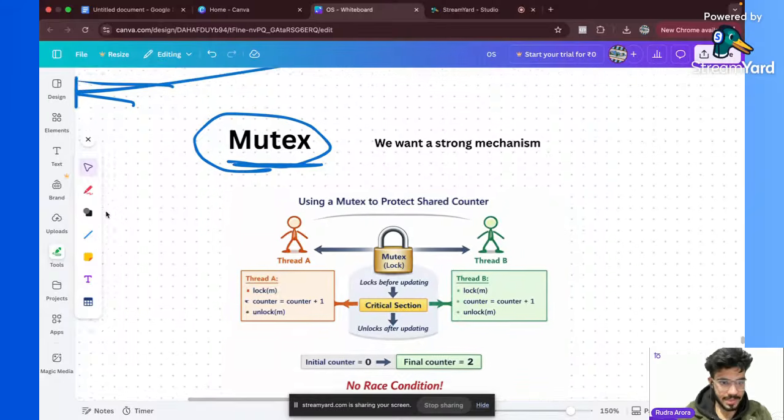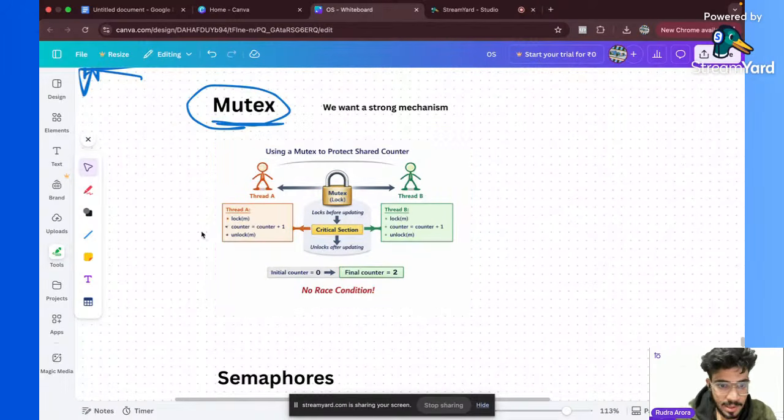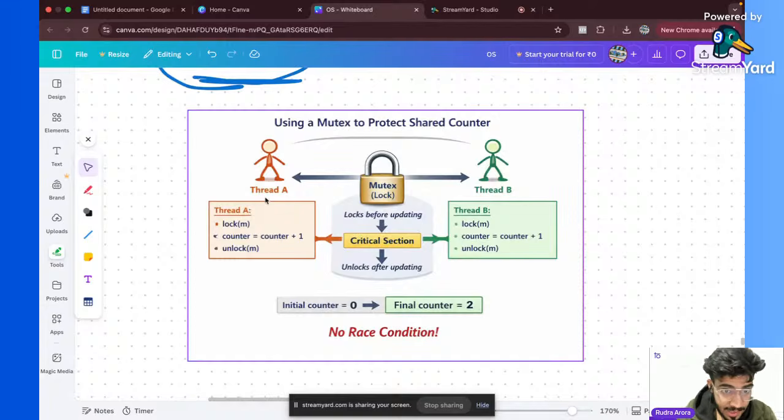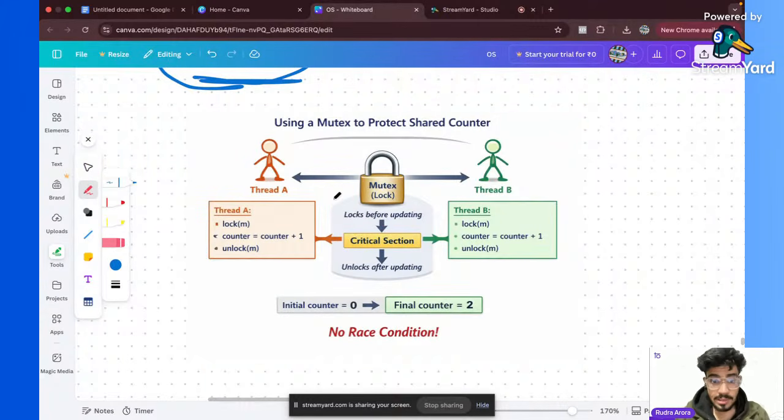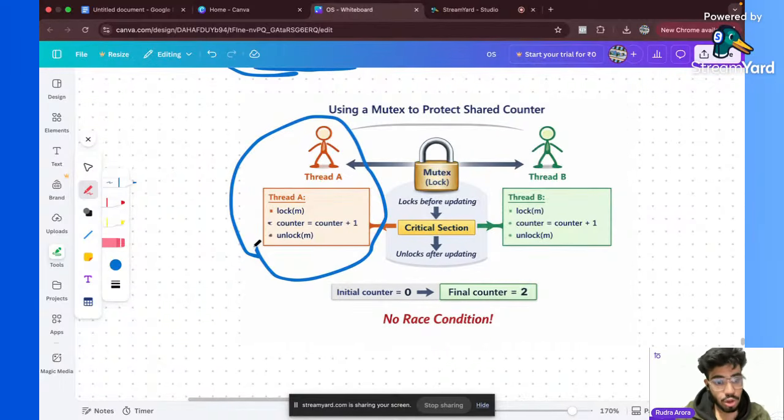So suppose thread A and thread B are there. When thread A comes in, it says lock M, meaning lock this particular critical section area, so that no other thread will even look at this section. And you will see how the data consistency problem is actually solved through this.